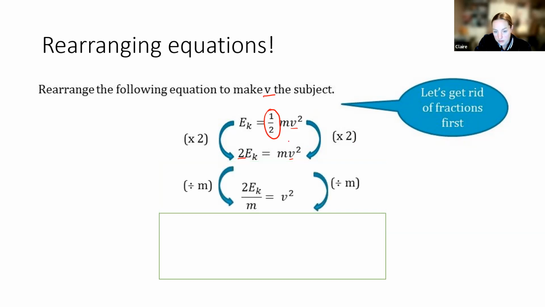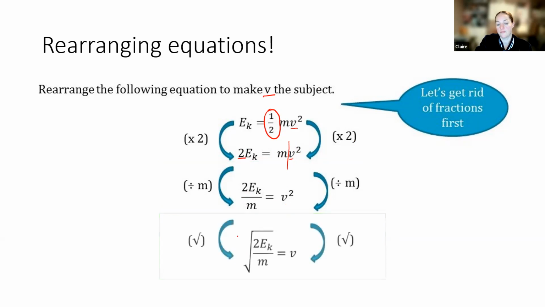You then have to separate those two, the mass times the velocity squared. So to get rid of the m, like we did with the A, you divide both sides by m. Okay, but now we've got v squared. So we now have to square root. The opposite of being squared is square rooted.